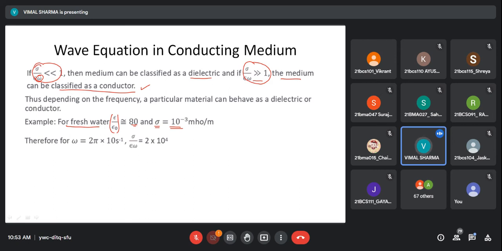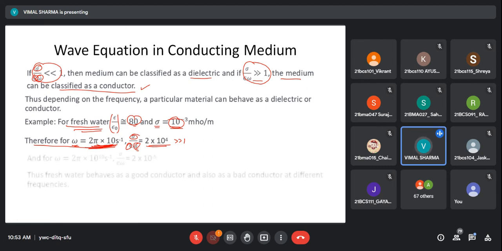Now, for this medium, we know these two parameters, and depending on omega, that is the incident electromagnetic wave, if we use an electromagnetic wave of this angular frequency, that is 2 pi into 10 per second, then using all these values this ratio comes out to be 2 into 10 raised to the power 4, which is very, very greater than 1. So the fresh water medium for this frequency is a conducting medium.